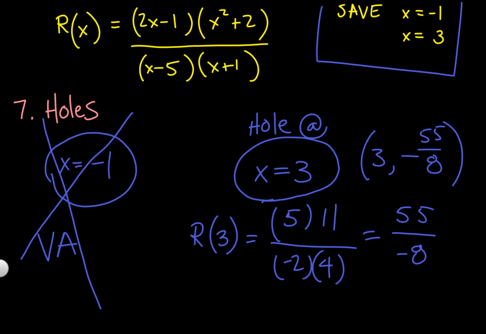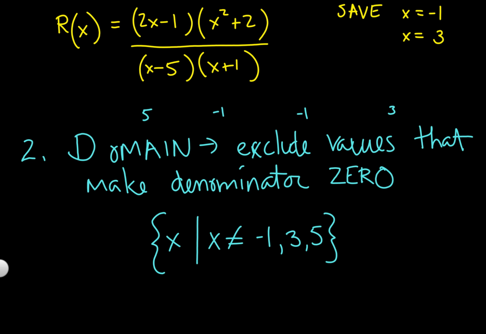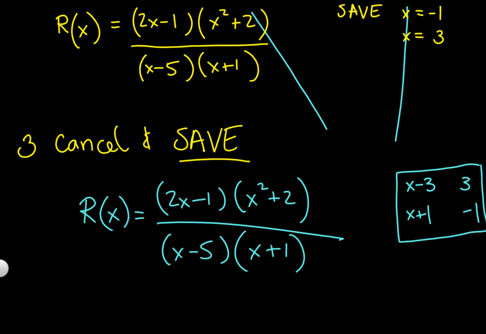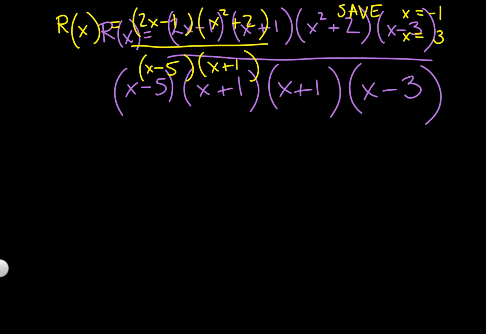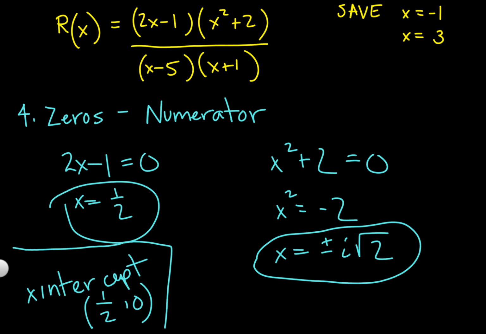And that is it for this one. That's the analysis. Again, what we found was the domain. We canceled our factors and saved those. After that, we found the zeros of the function from the numerator.